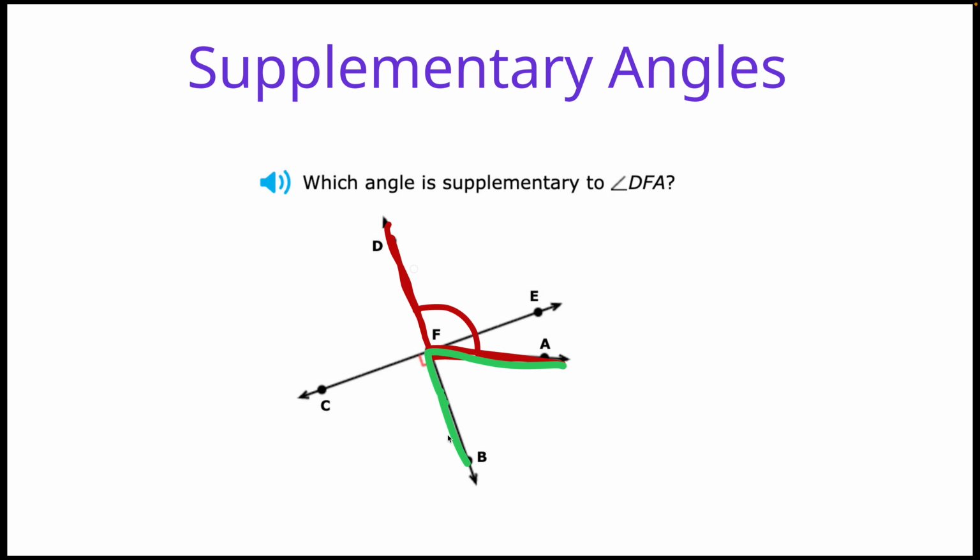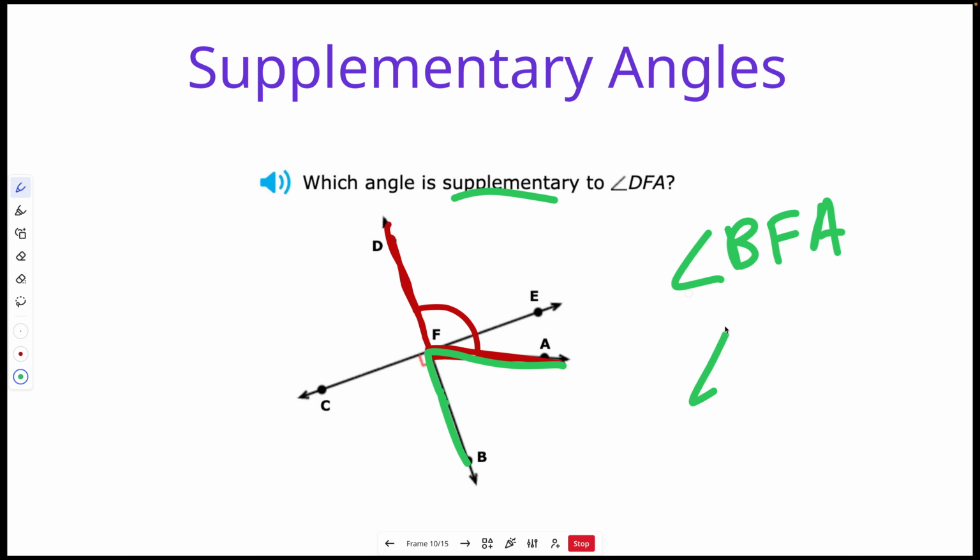If you can see, this is now a whole flat line. So if I combine these two angles, they make 180 degrees. They are supplementary. So the answer, which angle is supplementary to DFA, we would say is angle BFA. I suppose you could have also put angle AFB, whichever one you prefer.